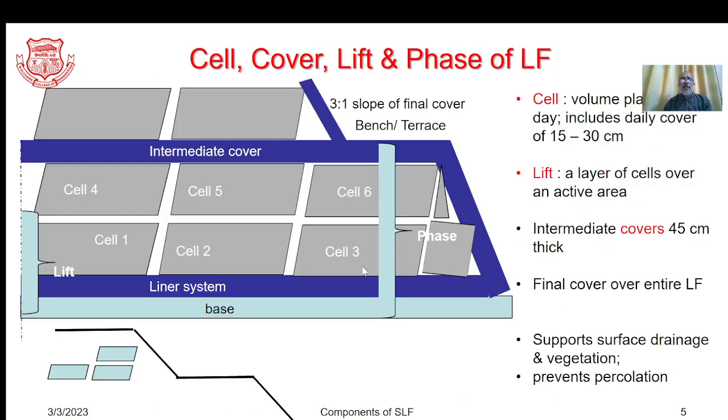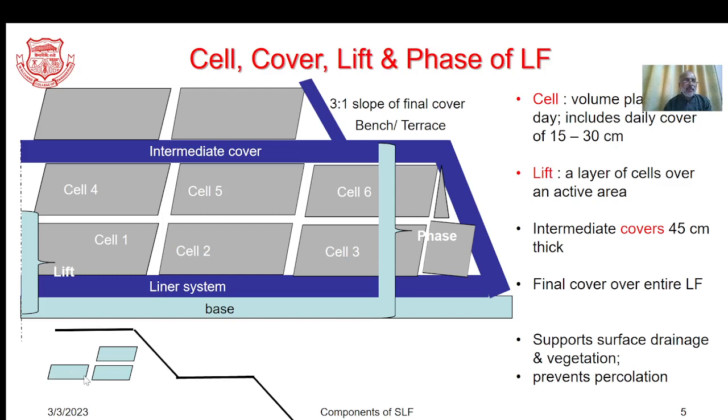So this particular sketch is indicating the various volumes that we are occupying, say for example cell 1, cell 2, cell 3. So the cell is the volume which is filled per day, which includes a daily cover of 15 to 30 centimeters. What I mean to say is, if this is the total landfill profile that we wish to attain, a certain volume would be considered to be occupied per day.